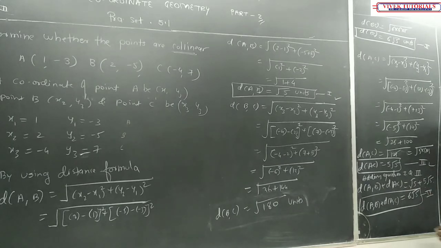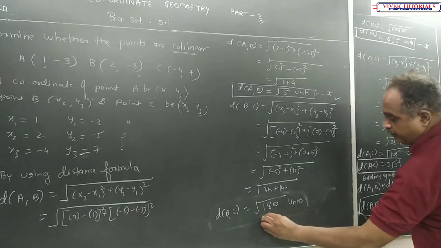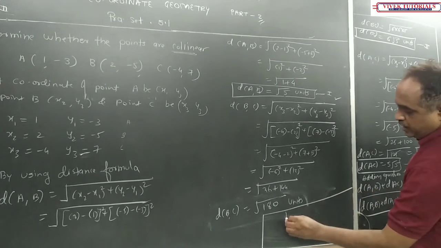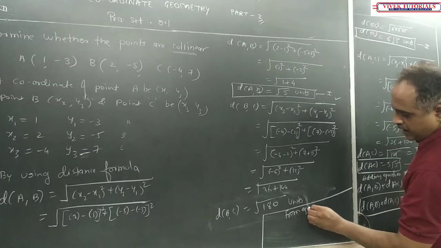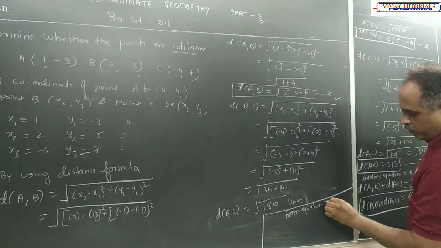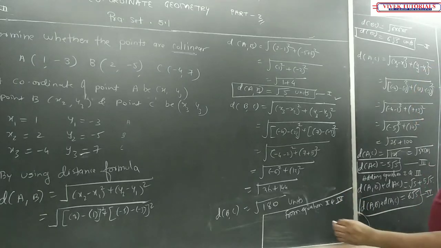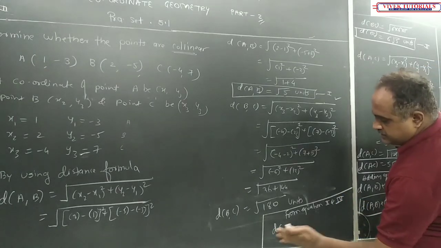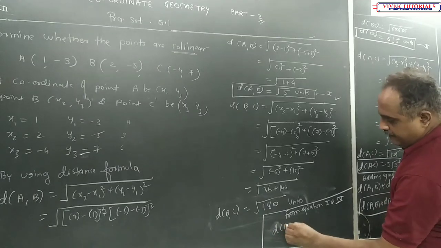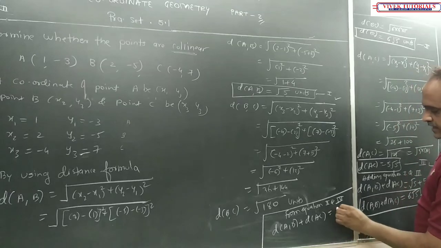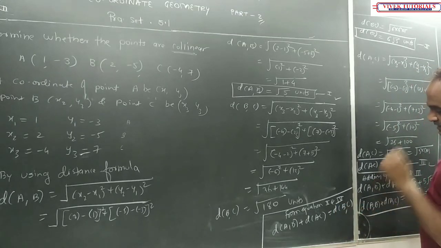And at last, what you can write, I am going to write over here. Please understand this carefully. This is equation number 4. This is equation number 2. So from equation 2 and 4, what I can write is distance AB plus distance AC is equal to distance BC.